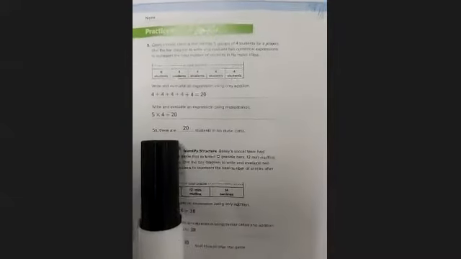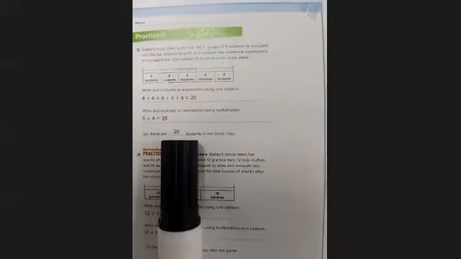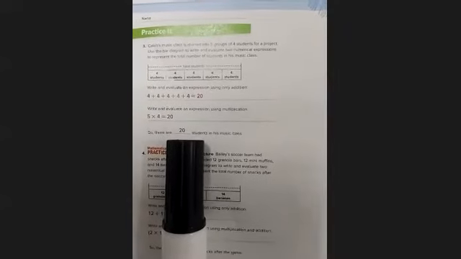So up here we write the addition. Down here we write the multiplication. 2 different ways, but we have the same answer, 20. So there are how many students in the music class? 20. Copy 20. Okay.